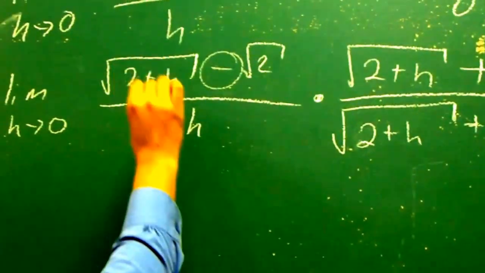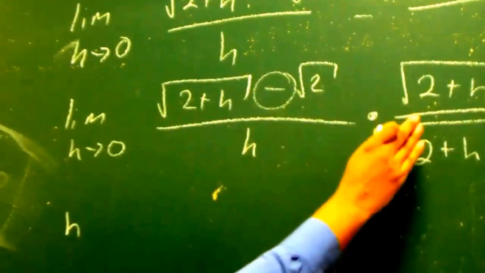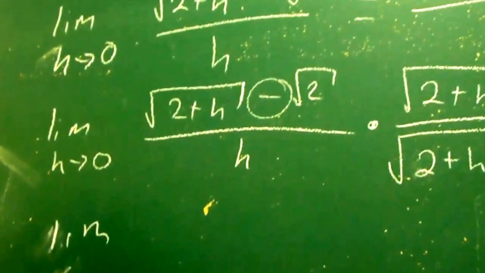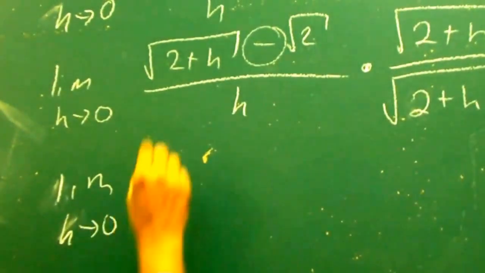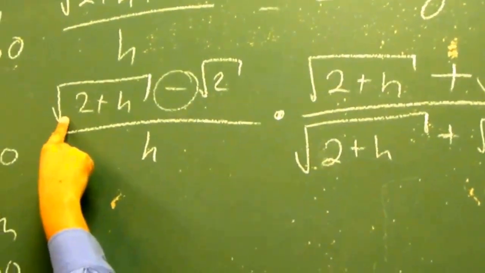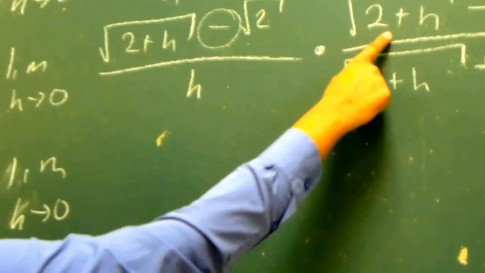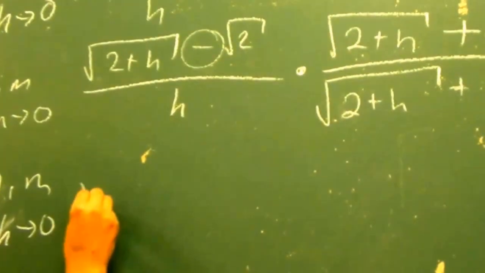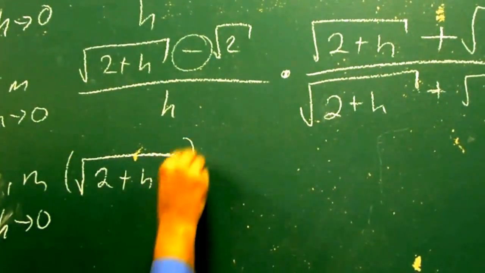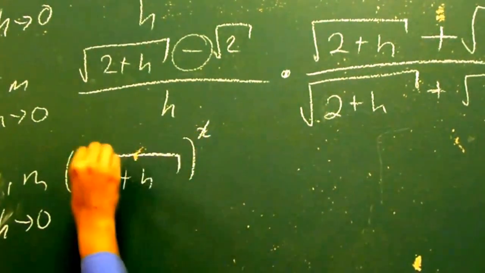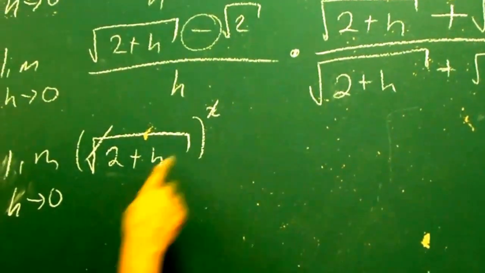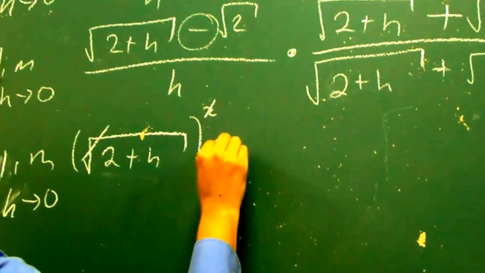Now what we're going to do is multiply the top and multiply the bottom. So we have the limit as h is approaching 0, and we have this term times this term: the square root of 2 plus h times the square root of 2 plus h. That's basically just the square root of 2 plus h, squared. So this square cancels with this square root, and we are just left with whatever is inside of this square root.